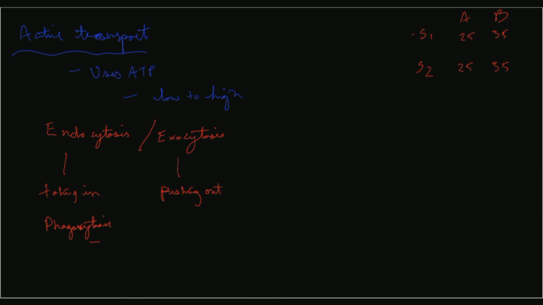It'll engulf it and make a vesicle out of it, and it'll send in lysosomes to digest the food and use it as food. So phagocytosis is deliberate. It's done on purpose.